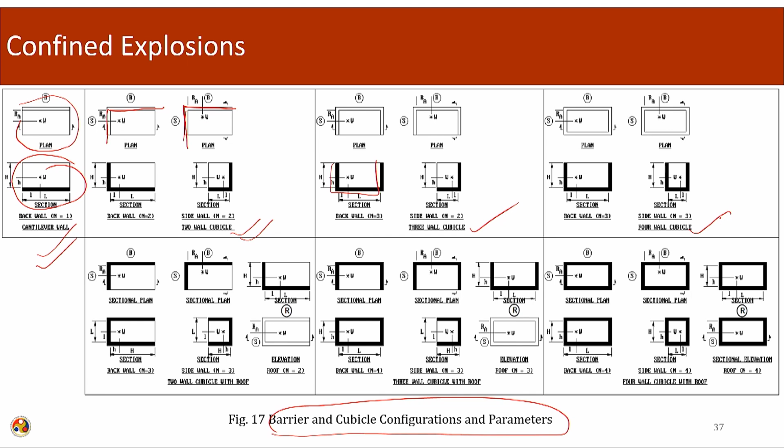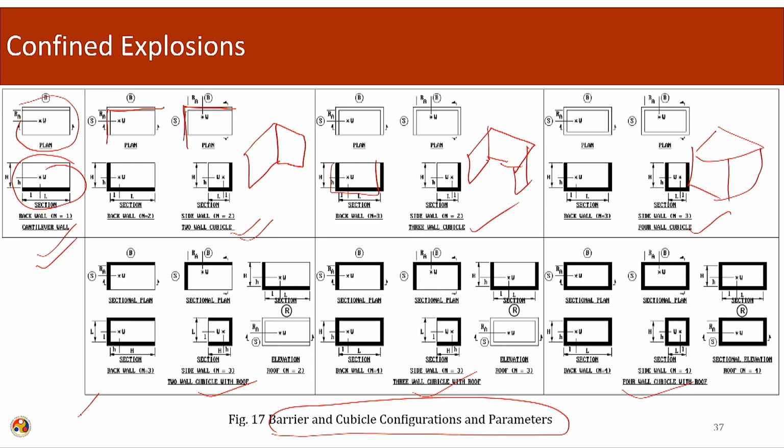After that, a 2-wall cubicle with roof is given, a 3-wall cubicle with roof, and a 4-wall cubicle with roof. So this is just a cantilever wall, having 2 walls, like this. Here there are 3 walls, like this. 2-wall configuration, 3-wall configuration, here it is a 4-wall configuration.